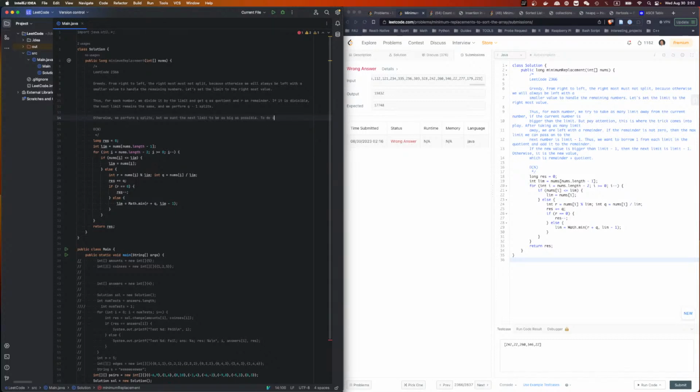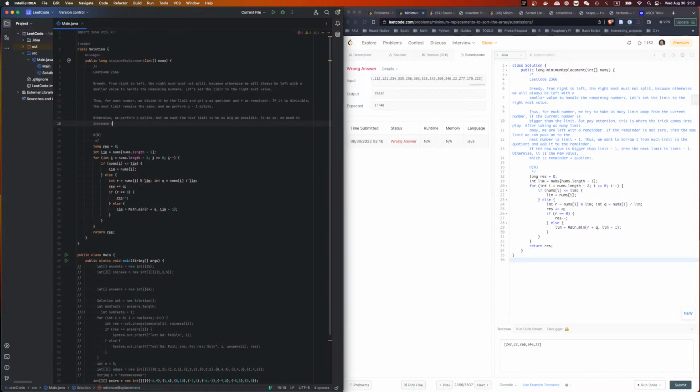To do so, we need to increase r by taking one value from each limit, each of the q limit.